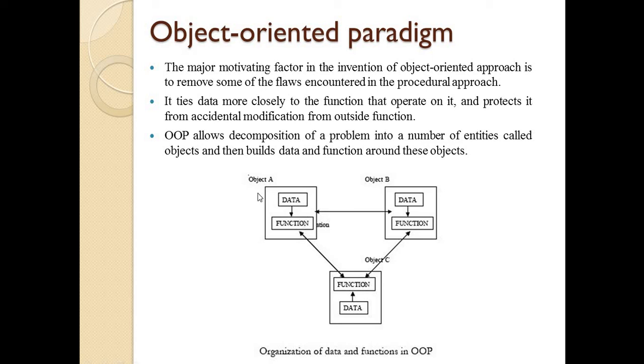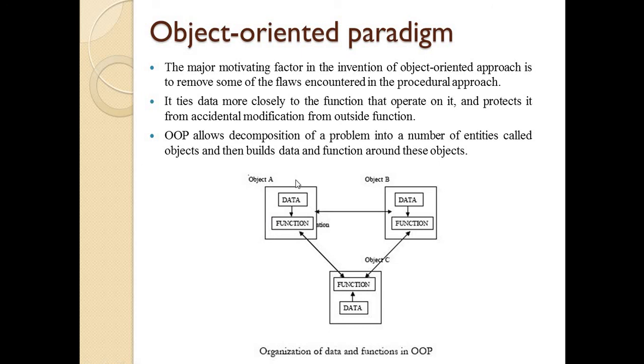Here more preference is given to the objects. The entire program is divided into several modules, each module having its own data and functions. Each module we call a class, and each class will have objects. With the help of the object, we can access the particular data or function required during execution.